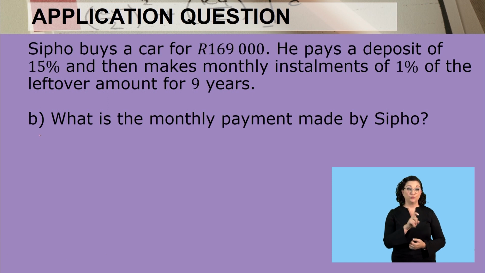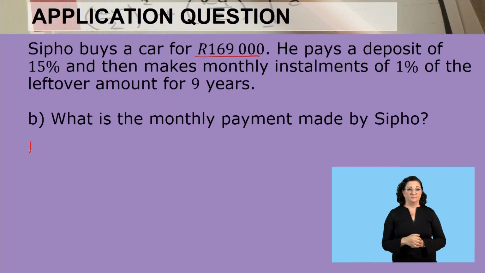The question then reads, what is the monthly payment made by Sipho? There's a consideration that we need to make. The monthly payment cannot be from the 169,000. It actually must be the 169,000 subtract the deposit, because we are now going to decrease the deposit from the original amount.